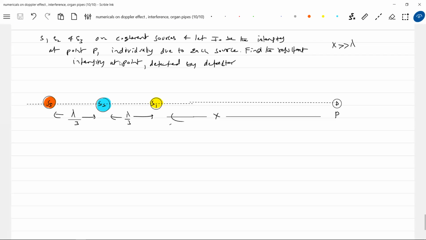Now all the waves are generated and will propagate some distance. Is there any path difference between the waves when they arrive at point P? Yes, compared to all, this will cover more path. If this covers a distance x, how much more path will wave 2 cover? Lambda by 3. How much more path compared to 1 will this cover? 2 lambda by 3. So is there any path difference between the waves arriving here? Yes, and due to that there is a phase difference.